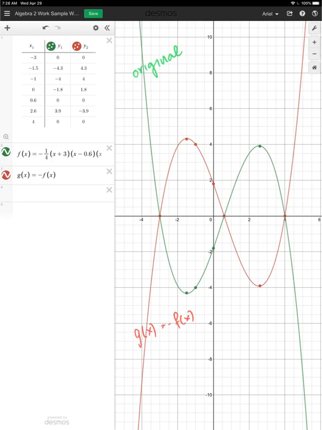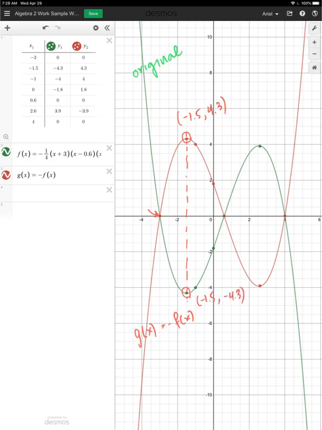What I mean by that is, see, the x values are the same. If I draw a line, it goes through both points, right? So this point, for example, would be negative 1.5, comma 4.3, and this point would be negative 1.5, comma negative 4.3.